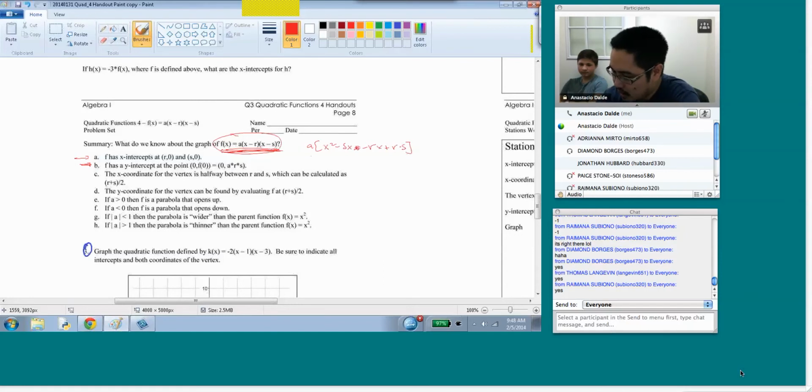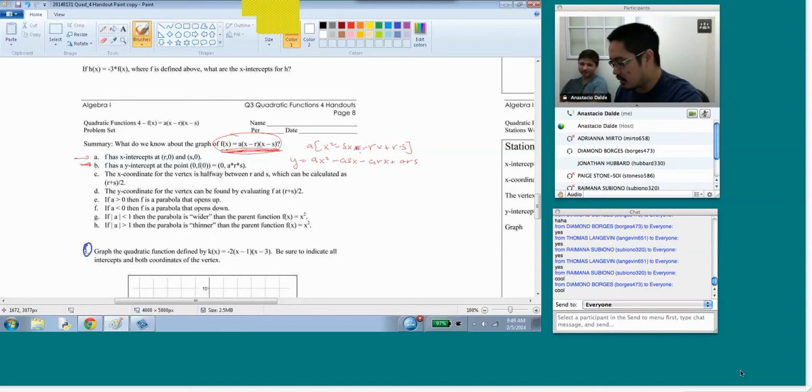Now I'm going to multiply in the a, and I've got ax squared minus asx minus arx plus ars. Are you guys good? It's hard to understand without numbers. Yeah, all right, fine. But I just multiplied everything out.